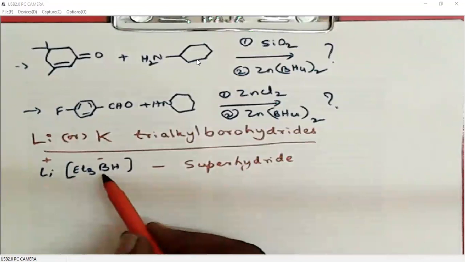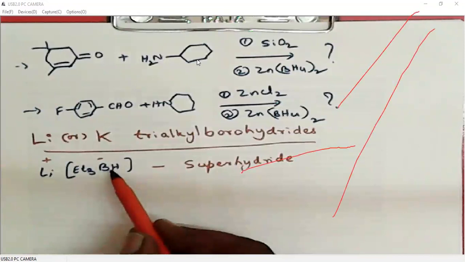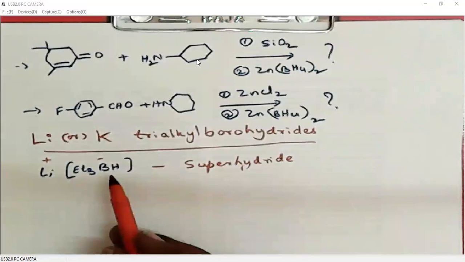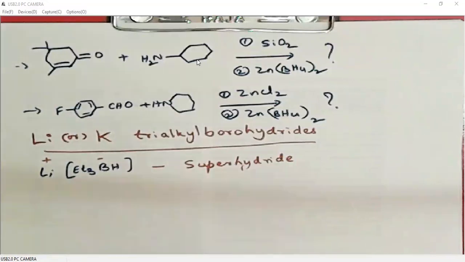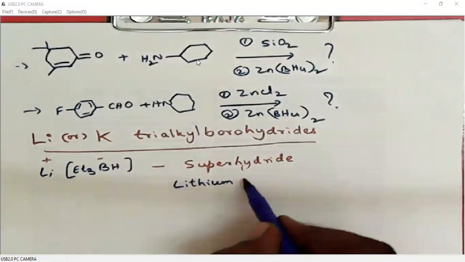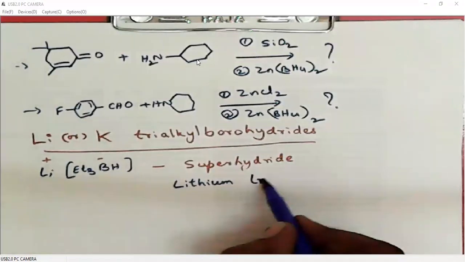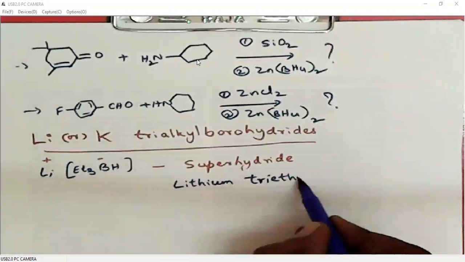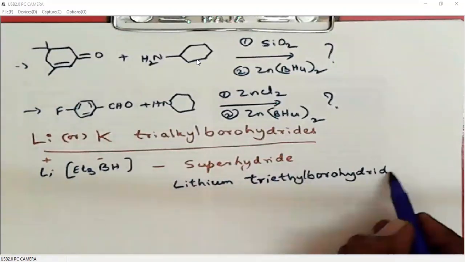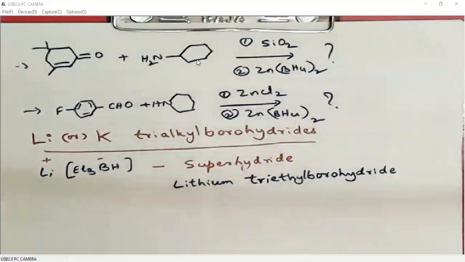So boron will have high electron density around it. That means H minus will have more electron density, so it is more nucleophilic. It is called superhydride. IUPAC nomenclature is lithium triethyl borohydride.